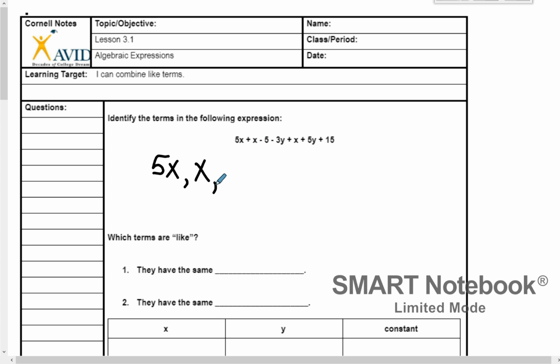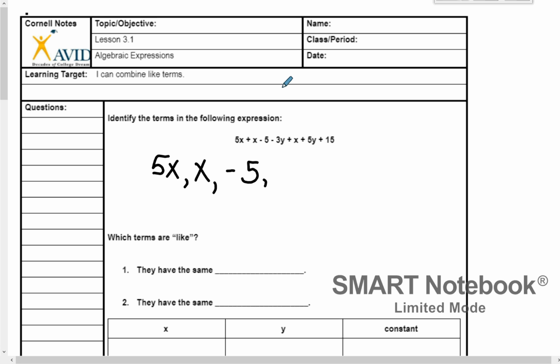Okay, one thing that we haven't talked about yet is when there's a subtraction sign, we keep that subtraction sign with the term that it comes in front of. So this is not just going to be a 5, it's going to be a minus 5. In examples we've done in class, we've only used positive numbers because the first time I wanted you to see it, I wanted it to be a little easier.